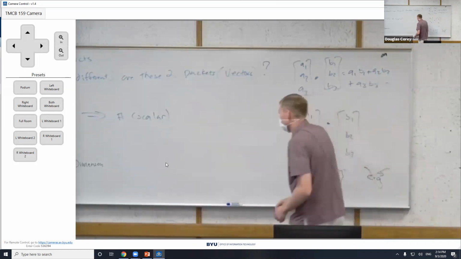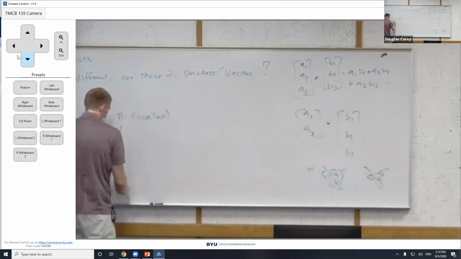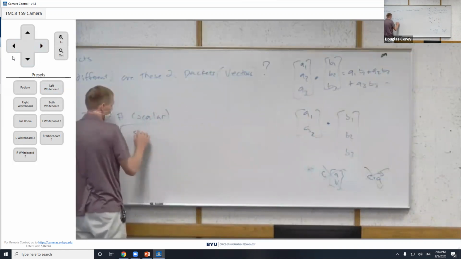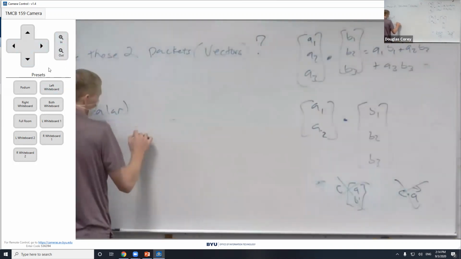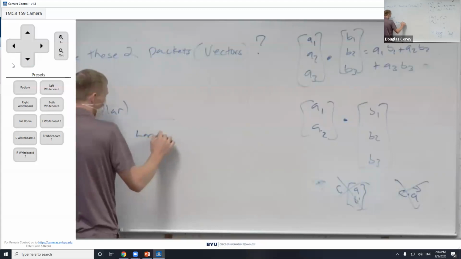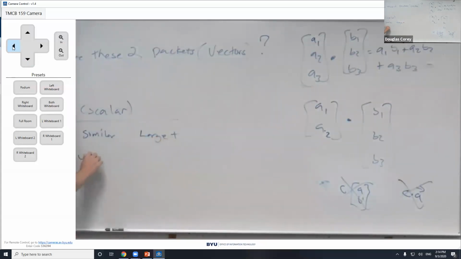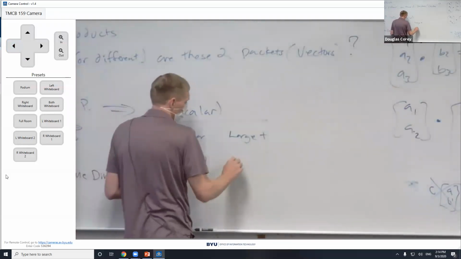All right. So if the vectors are similar, the dot product is going to give you a large positive number. If they're unrelated, then it gives you 0.